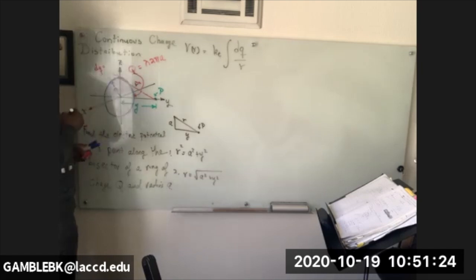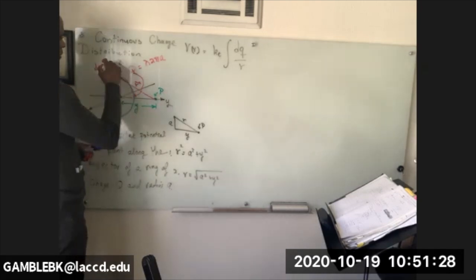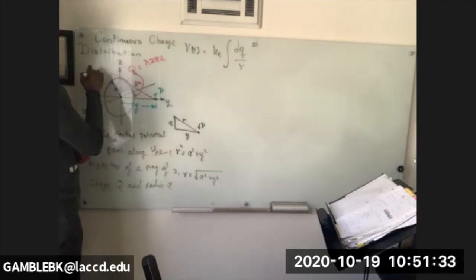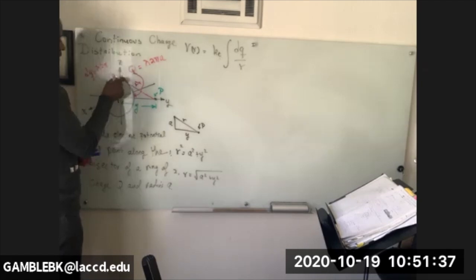And dq, of course, is going to be equal to, I guess you would call it lambda times the arc length.